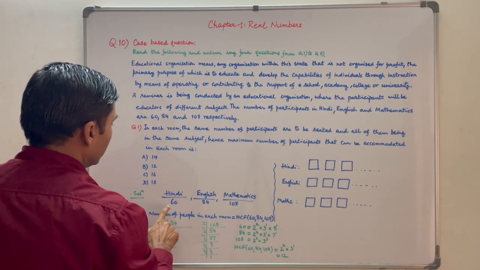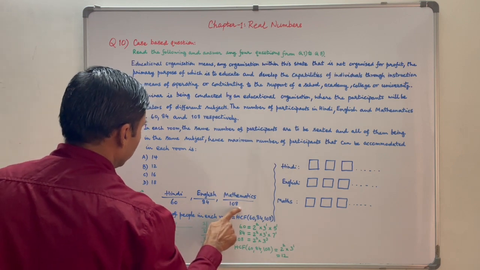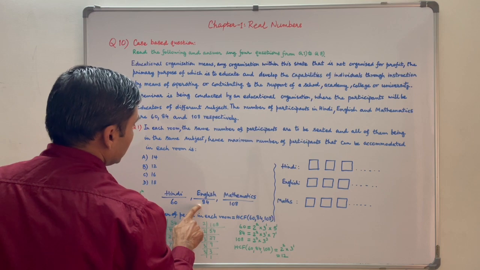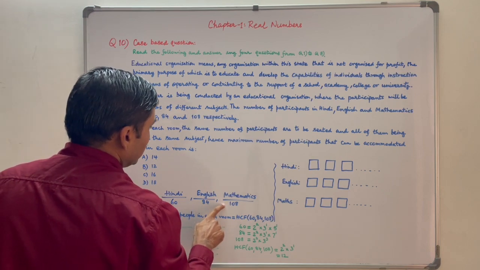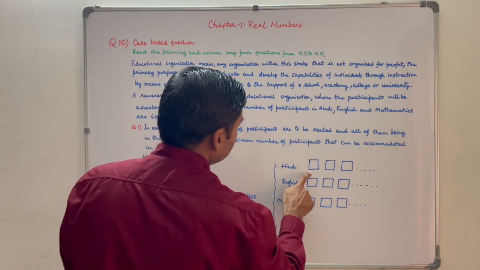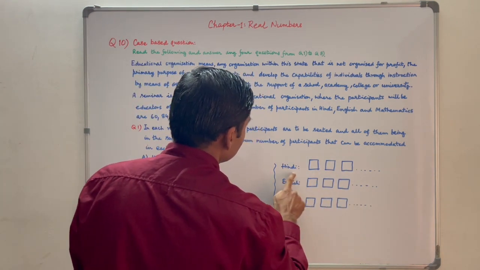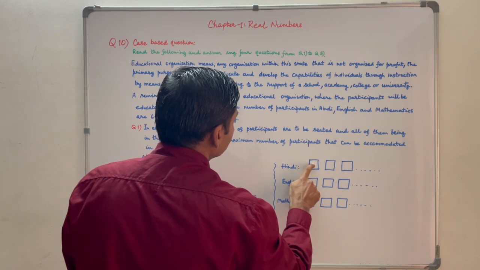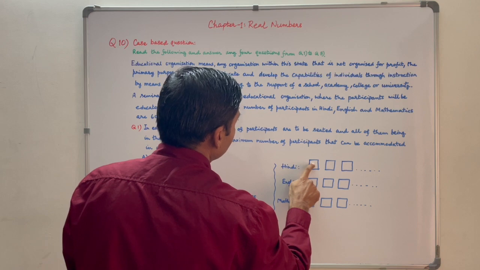It is given that the number of participants subject-wise are, for Hindi there are 60, for English there are 84, and for mathematics there are 108 participants, and they are to be seated in different rooms subject-wise, and capacity of each room is fixed, means number of participants that can sit in a room are fixed.